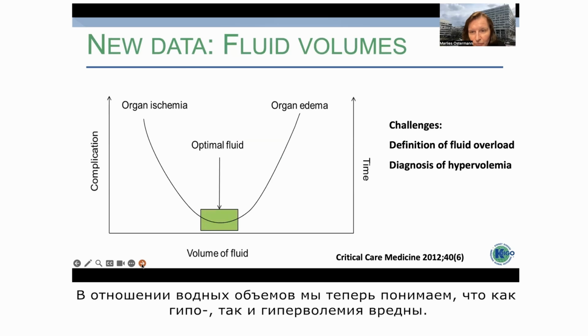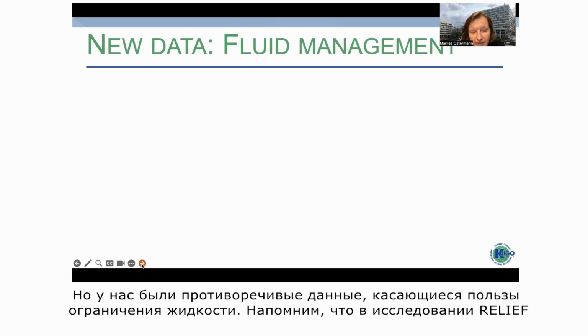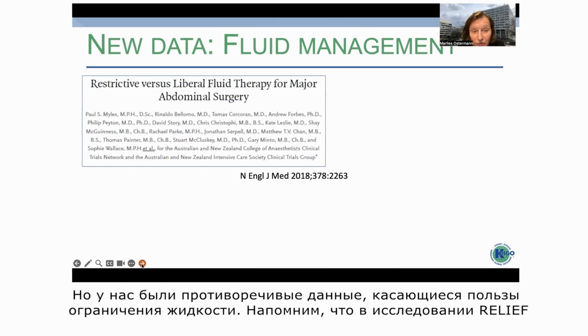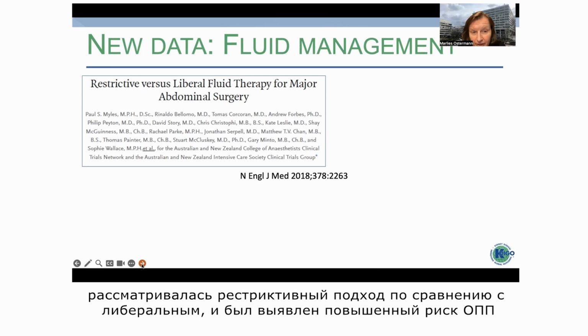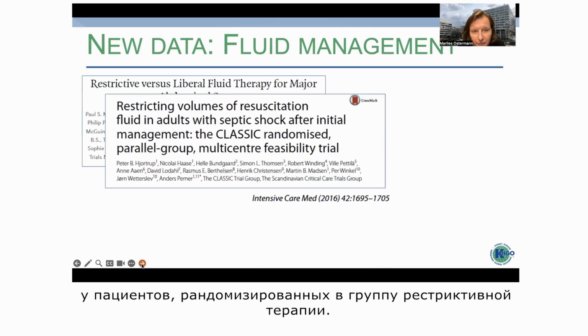When it comes to volume, we now appreciate that both hypo and hypervolemia are harmful, but we've had conflicting data related to the benefit of restrictive fluid. As a reminder, the RELIEF trial looked at restrictive versus liberal fluid therapy and showed an increased risk of acute kidney injury in patients randomized to the restrictive arm.